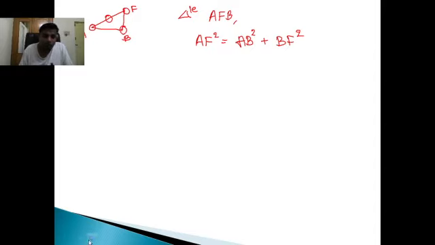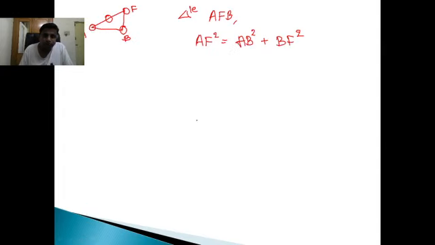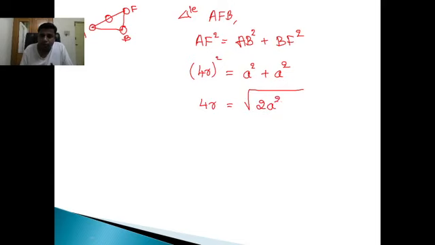Just now we got to know AF is how much? 4R. So AF is 4R, the whole square is equal to, what is AB? AB is nothing but edge length, BF is nothing but edge length. So A square plus A square, correct? So 4R is equal to square root of A square plus A square, which is 2A square.